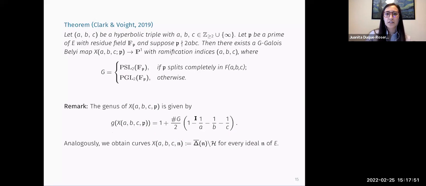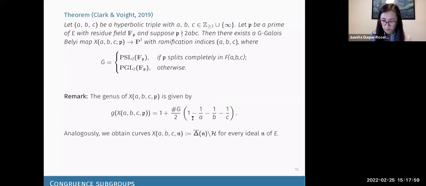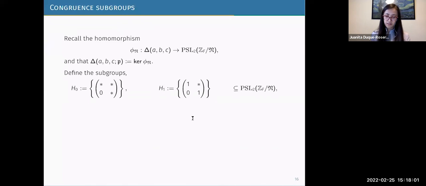But maybe let's focus on just congruent subgroups. So again, we have now level structure. Now we can think about congruent subgroups. To think about congruent subgroups, you want to take that homomorphism that we defined before. Remember that the triangular modular curve with level structure was just defined by the kernel.